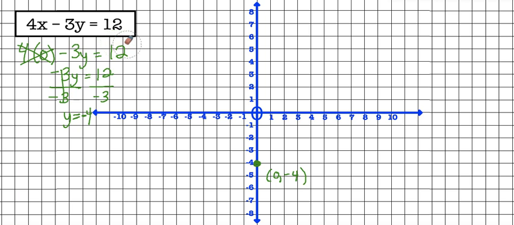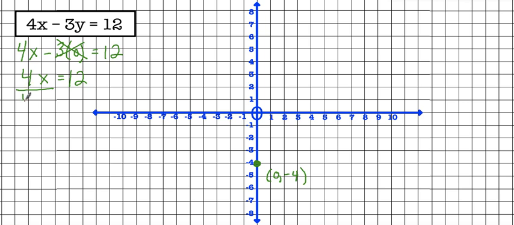Then I have to do the same thing to get the x-intercept. So for my x-intercept, I have to substitute y for 0. So 4x minus 3 times 0 is equal to 12. That cancels out because it's 0. So I have 4x is equal to 12.